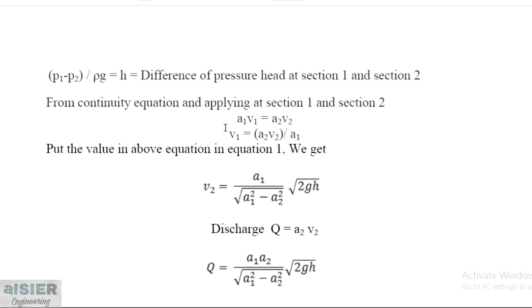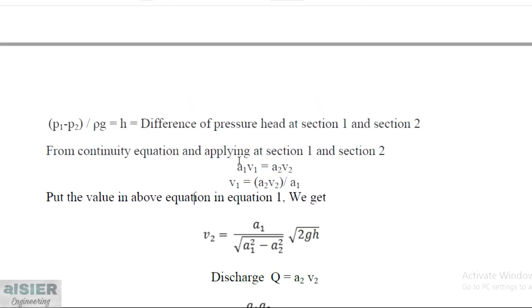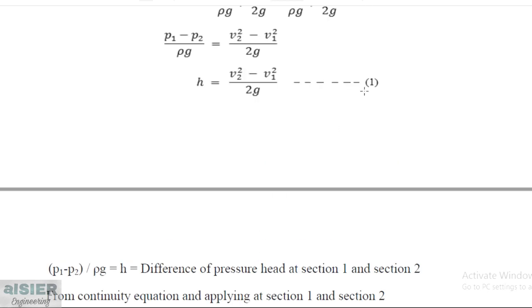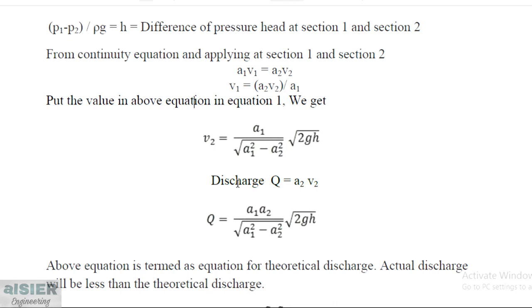From this equation we can find the velocity at section 1, which is equal to A2 into V2 upon A1. Put this value of velocity at section 1 in equation 1. After simplifying it, we get V2 is equal to A1 upon under root of A1 square minus A2 square, into under root of 2gH.